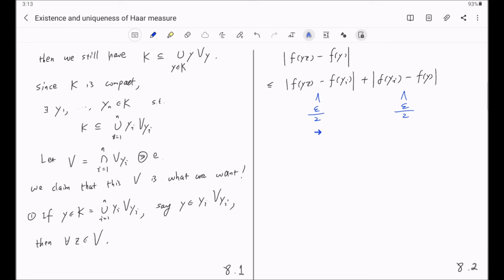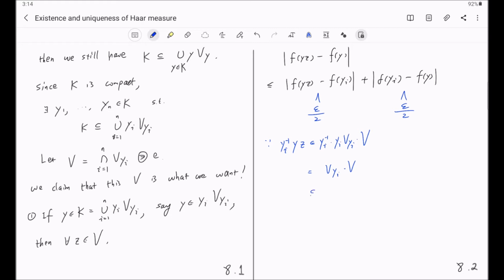The first one is less than half epsilon because if you look at yi inverse times y times z, this lives in yi inverse times, remember y is taken from yi times V sub yi, and this z is taken from V. And this yi inverse cancels with yi, so you get V sub yi times V. But V is the intersection of all those V sub yi's.